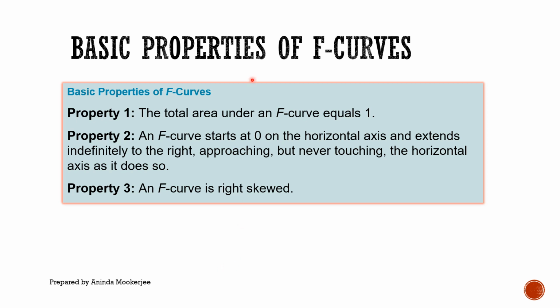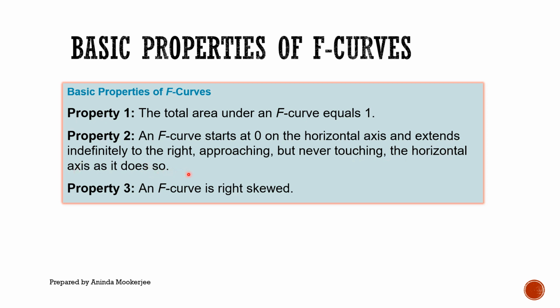Now here are the basic properties of F curves. The first one says the total area under an F curve equals 1. That is true for any distribution. Property 2 says an F curve starts at 0 on the horizontal axis and extends indefinitely to the right, approaching but never touching the horizontal axis.